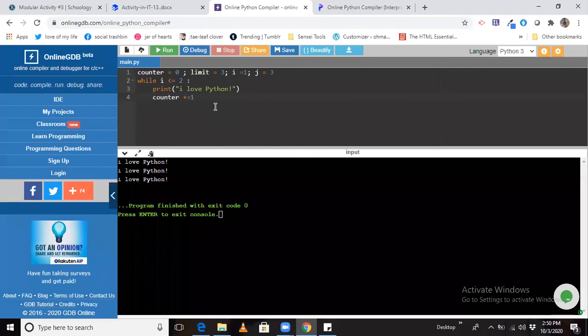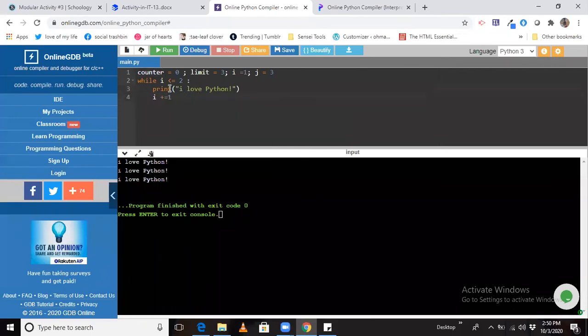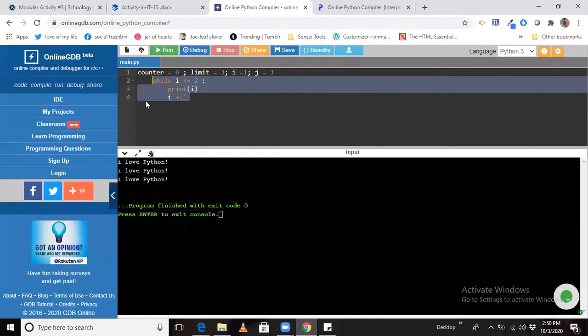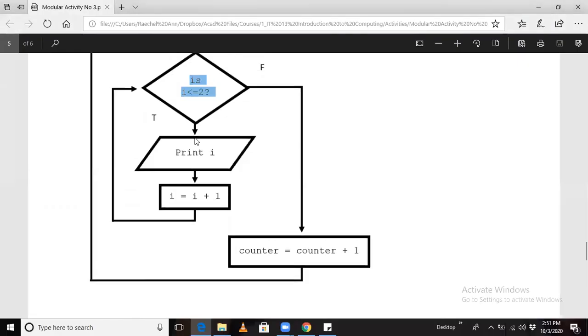So the technique is unahin natin yung nasa yung maliit na loop. I is less than or equal to 2. Tapos print I. Then increment I. Tapos i-indent nyo lang siya. And then you create your outer loop. While, ano yung outer loop natin?